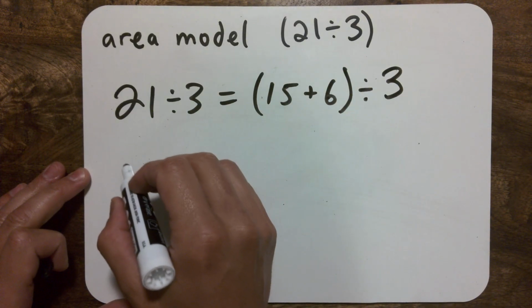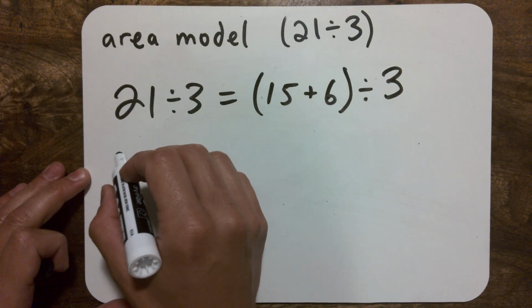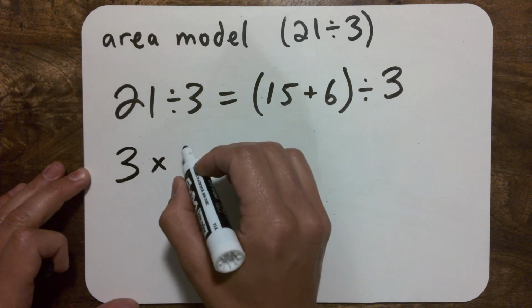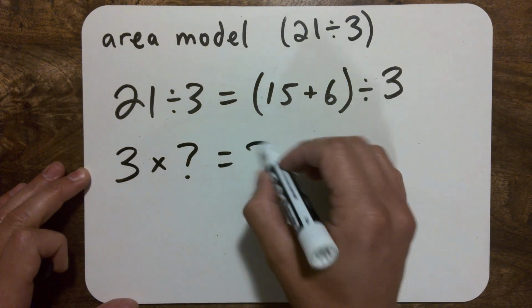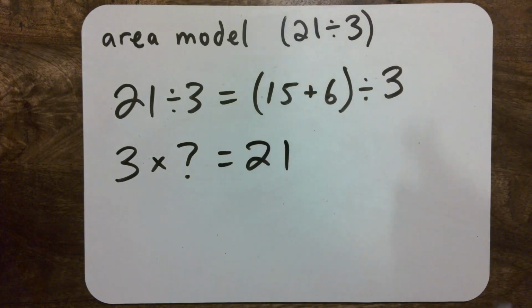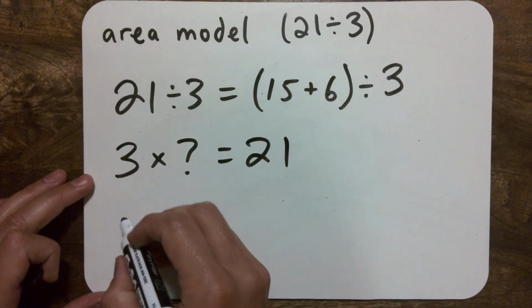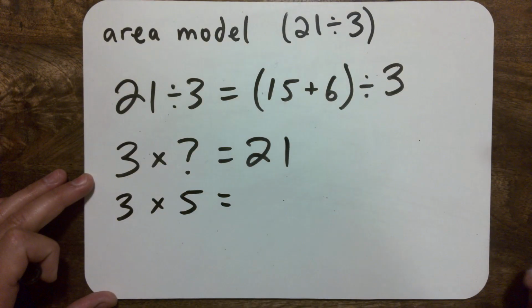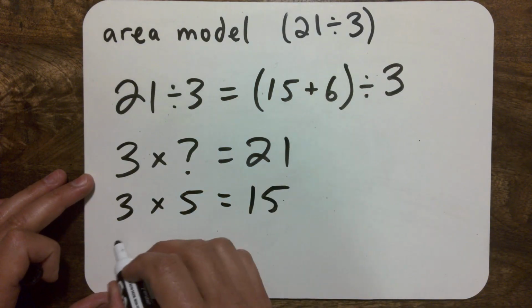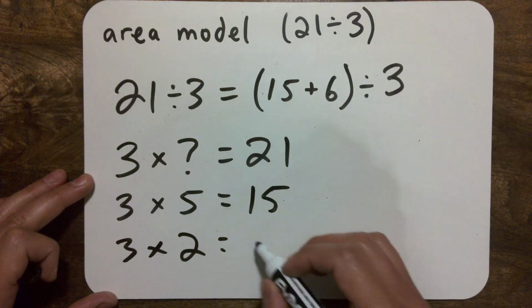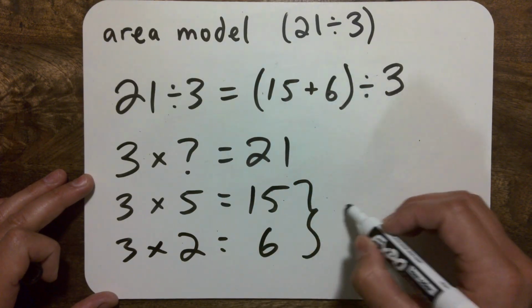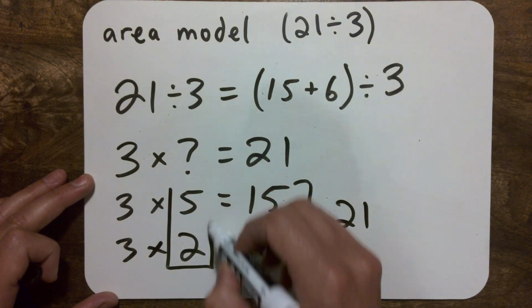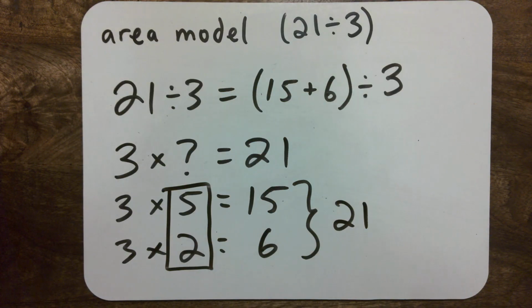Really how I was thinking of this is 3 rows of what equals 21. So you can see how we're blending some different strategies here. So I had 3 times 5 was 15, and then 3 times 2 was 6, and these two add to 21, so I had the 5 plus 2. So that's our abstract model to go along with the area model.